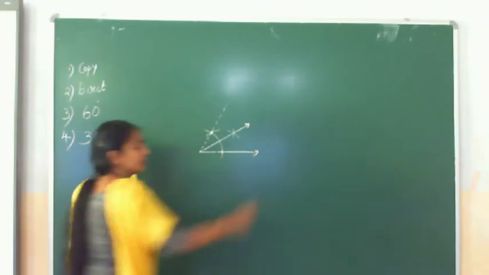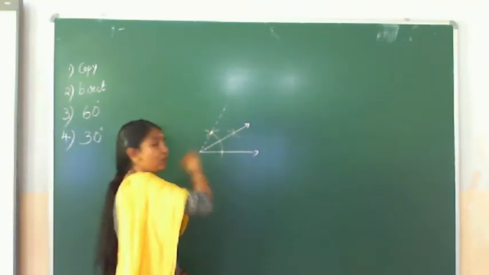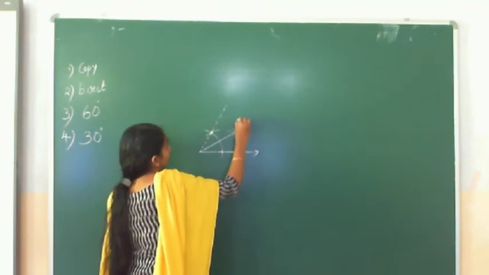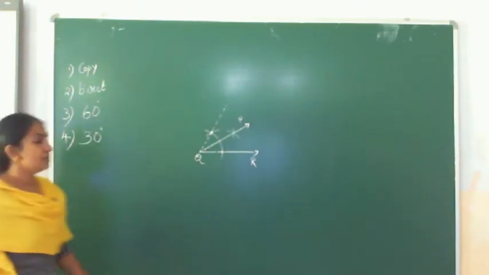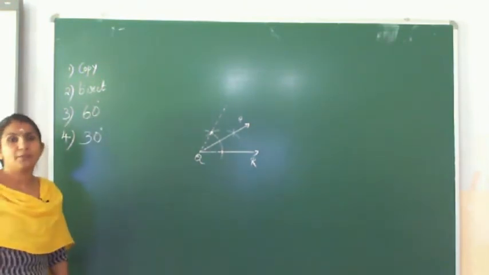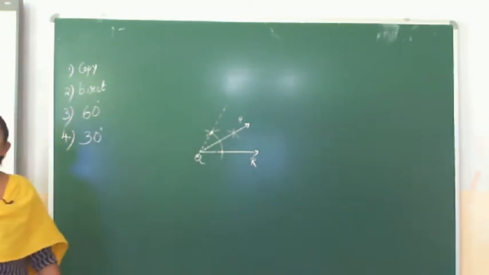This is the required angle. So here this angle we can mark, angle PQR. So 30 degree we completed. So 60 degree, 30 degree we completed.